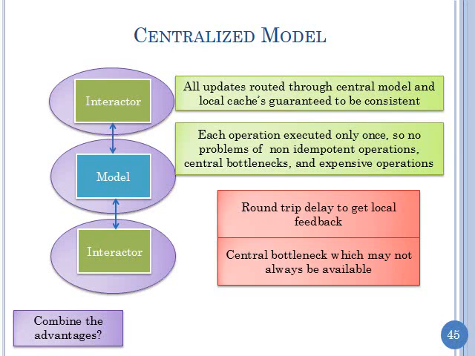So what would it mean to combine replicated and centralized? Think of that. That's the hint I'm giving you. So we have a 2-level thing right now, interactor, model. Can you think of a 3-level thing?